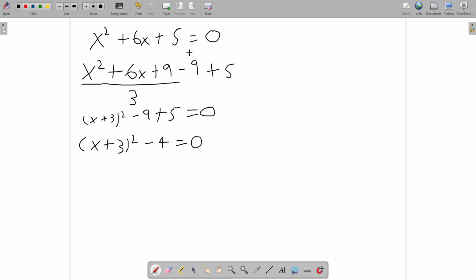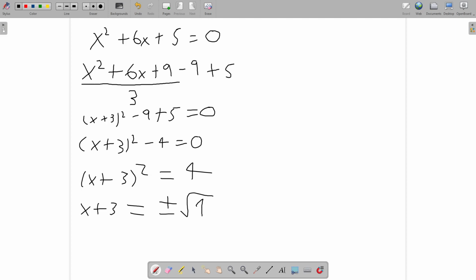That's our equation. Now, once again, we can take everything to the other side. So let's do that. X plus 3 squared equals 4. X plus 3 equals plus or minus. Don't forget the plus or minus. When you're taking the square root, it's got to be plus or minus the square root of 4.